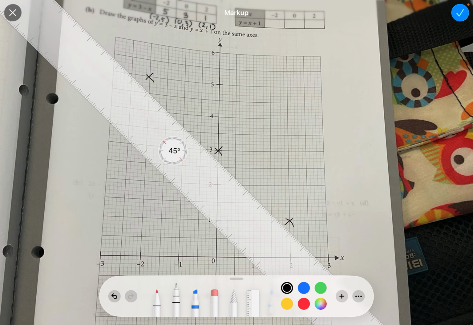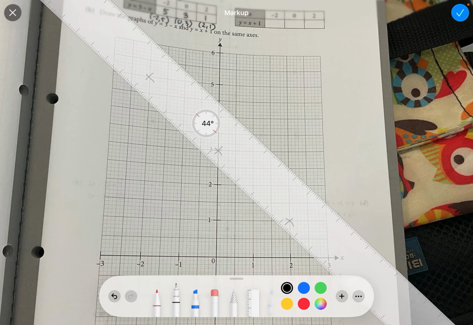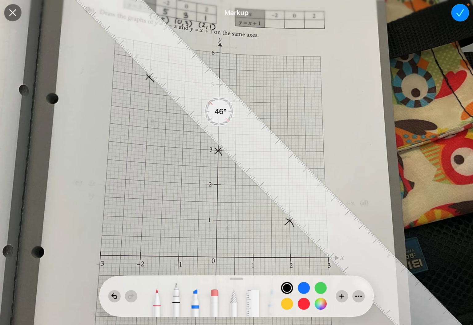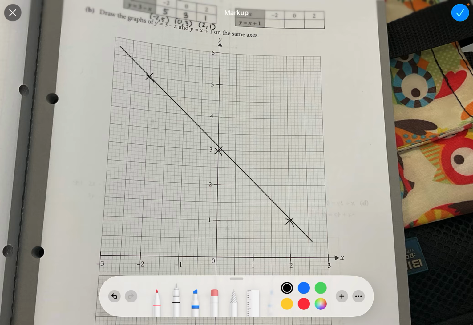So this first line that I draw contains all the solutions to this equation. Then this line represents all the solutions to this equation. Meaning, the point where they intersect satisfies both equations at the same time. Okay? I believe if I draw correctly, it should intersect here at this point 1, 2.